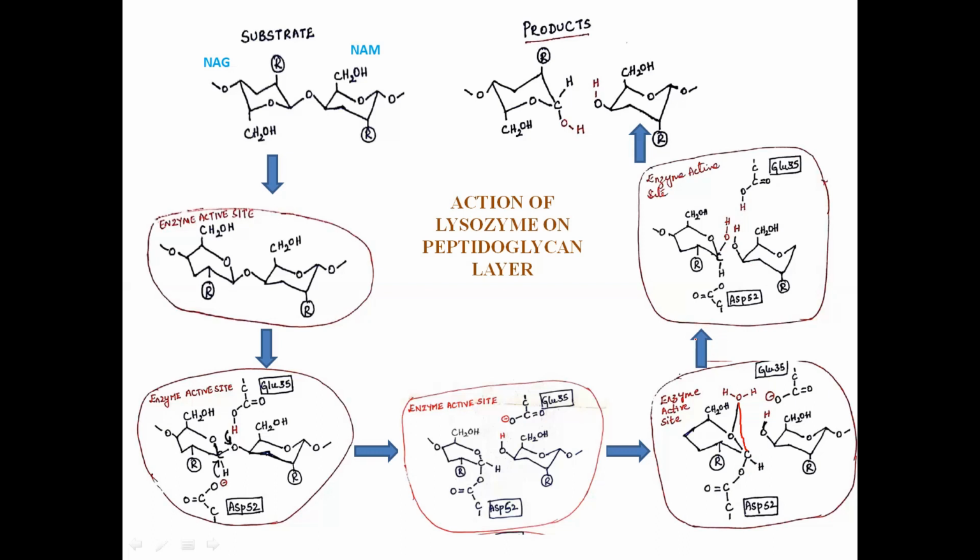So the glutamate and aspartate regain their original structure, and here fragments are formed. The product is formed. Finally, the products and the enzyme dissociate, and this is how the lysozyme acts on the peptidoglycan layer.